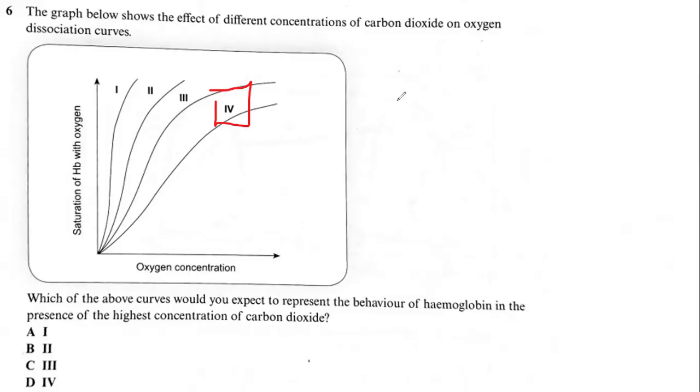Therefore, it will be IV because that curve is the furthest to the right. It shifted the most to the right, so that means it will have the least amount of oxygen concentration. As the saturation with oxygen becomes saturation with carbon dioxide, the carbon dioxide changes the affinity for oxygen in the hemoglobin. Okay, very good answer.